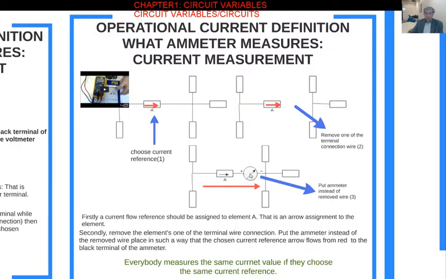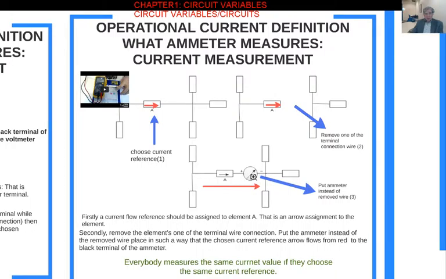This connection is called a serial connection. Why are we doing so? Because the electrons passing through this element A will also be passing through this ammeter. So we are going to measure these electrons. Therefore, we've got to connect them in series.